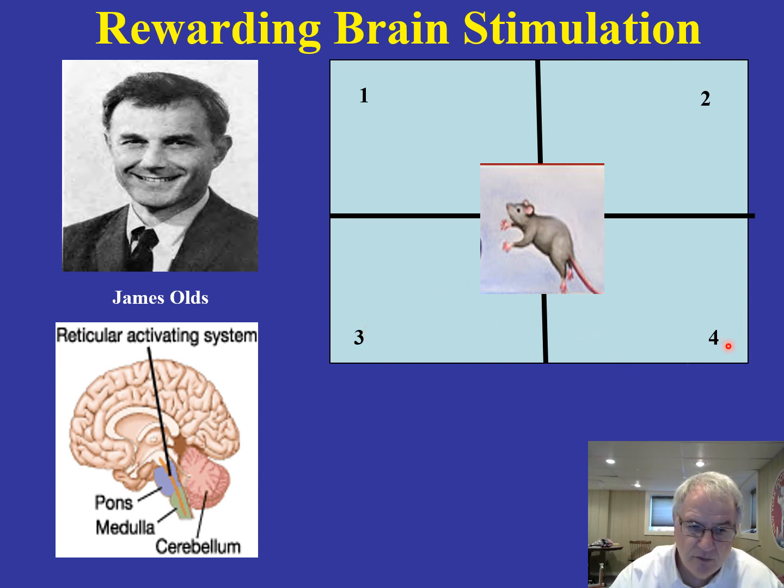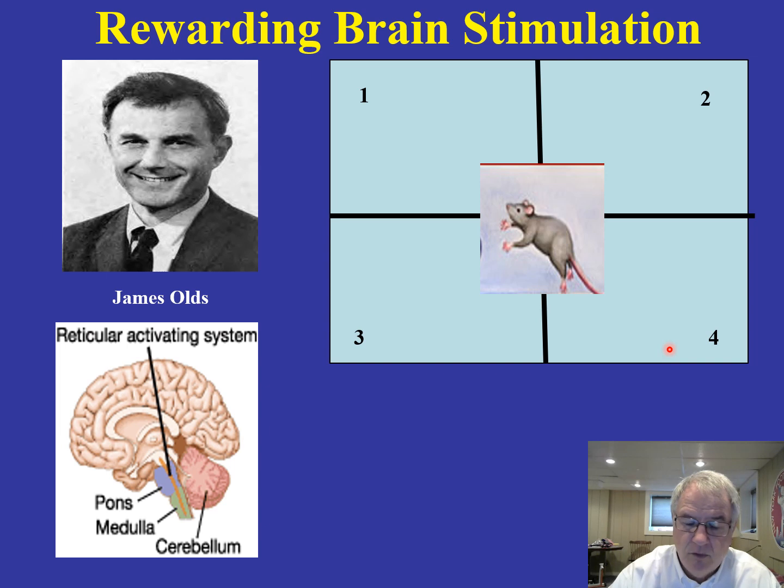And what they did was they used a large number of rats that had an electrode placed down into the reticular activating system. They would place them in this box one at a time, and simply allow them to wander around to wherever they wanted to go.